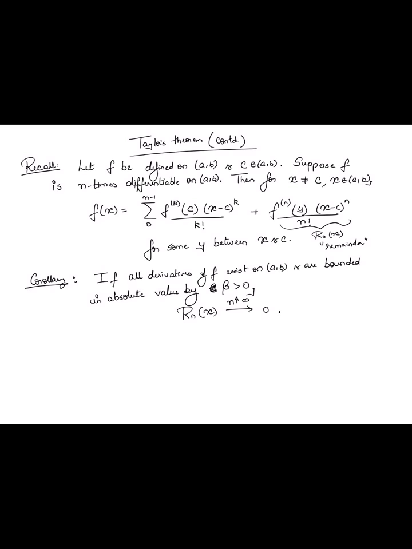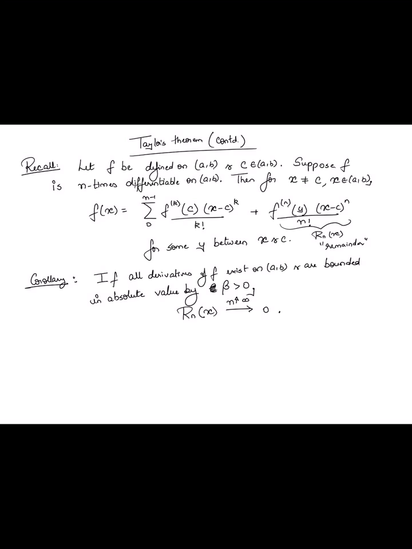So if f is infinitely differentiable, and if it also turns out that the value of every derivative everywhere is bounded above in absolute value by some constant beta, in other words, for any x, the absolute value of f^(n) of x is less than or equal to beta, where beta is some positive constant, then it's a trivial observation that your remainder for any x will tend to 0 as n tends to infinity.